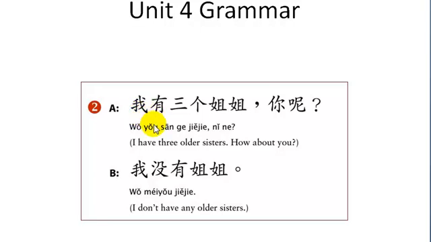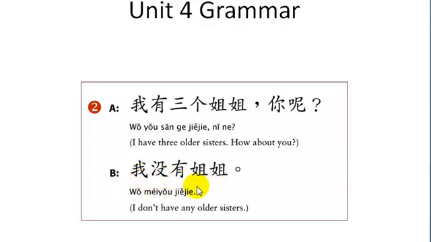Take a look at this one. 我有3个姐姐，你呢？我有3个姐姐。I have 3 older sisters. How about you? 我没有姐姐。I no have older sisters, literally.